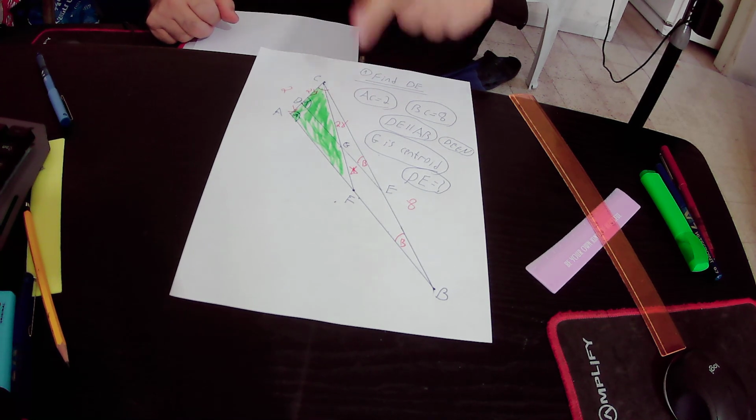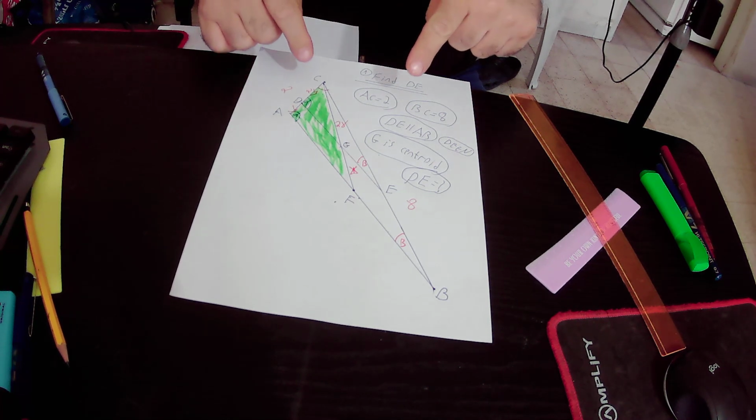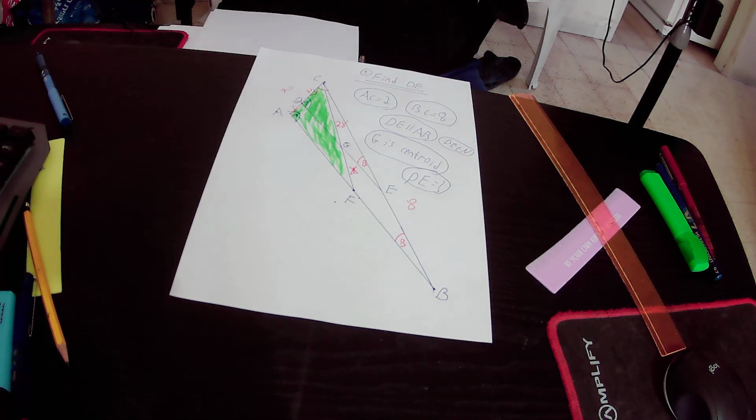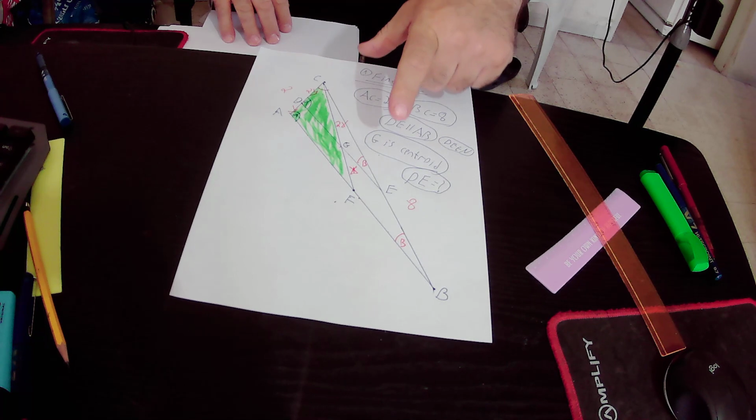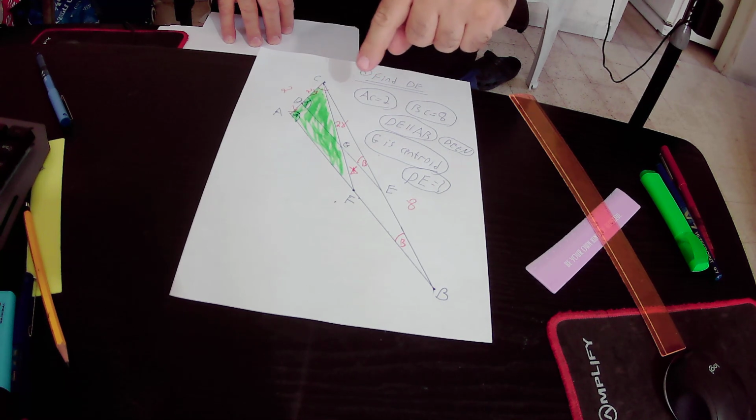We can implement rule number 1 in our drawing, because we know that G is the centroid of triangle ABC, that is to say it is a point where the three medians of triangle ABC intersect each other. Therefore, according to rule number 1, the centroid G divides the median CF in a ratio of 2 to 1.